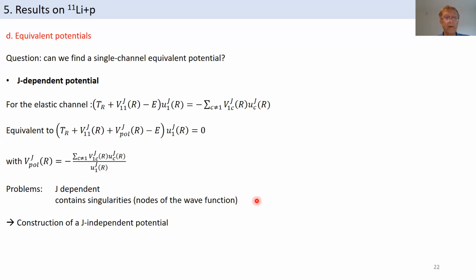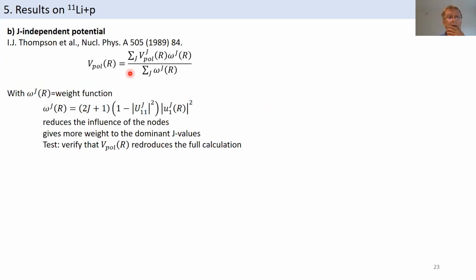So the idea is to build a J-independent potential, and this has been suggested by Thompson and co-workers. So the polarization potential is defined by a sum over the angular momentum with a weight function. And this weight function is written here, and depends on the relative distance.